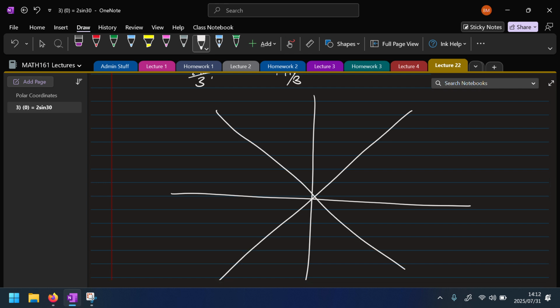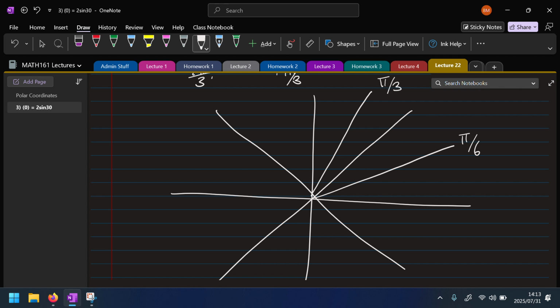Okay, so these are going up in pi over 4s, going around. But we're going to be needing 2 more just in that first quadrant there, and then the others are just repeated. We're going to be needing pi over 6, so that's going to be somewhere here. Okay, so 30 degrees, we're going to put that in. And then in between pi over 4 and pi over 2, we're going to put in pi over 3.